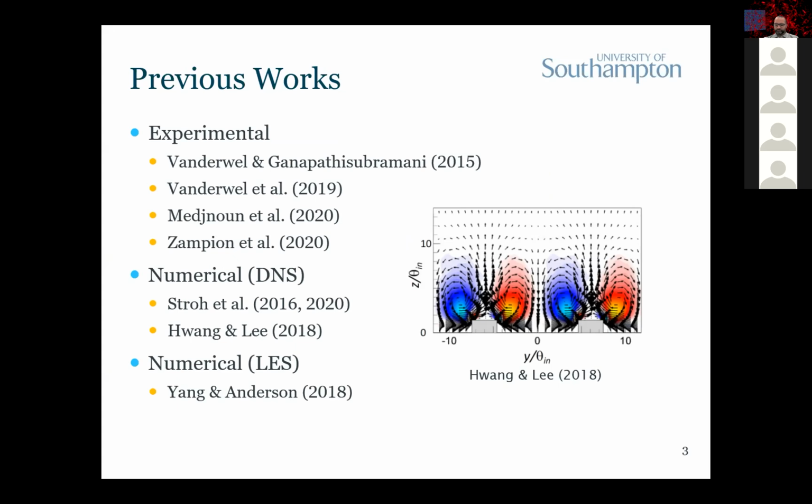There are a few groups who are working on this particular subject. One of the things that I would like to introduce is that based on Huang and Lee's DNS result published in 2018, you can see that the secondary flow formations show that the flow is mainly coming down in between two ribs, and flow is coming up from the center of the ribs.